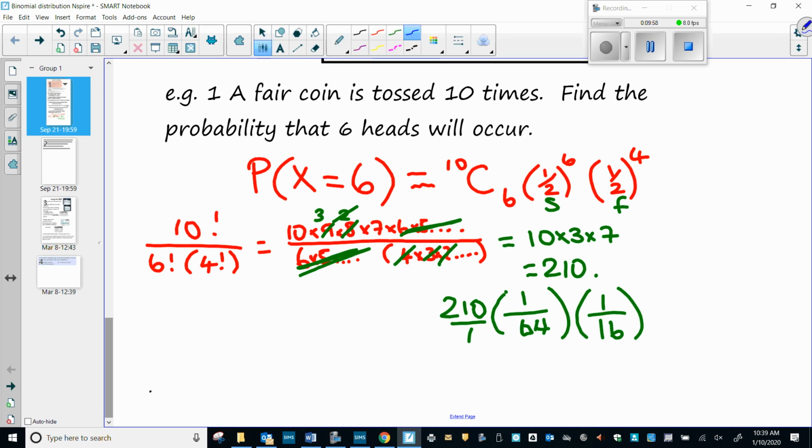Well, let's halve this, make 32, and this can be 105. How about that? Is that a good start? I don't know if anything else goes into it. 2 doesn't, it's odd. 105. 3 goes into 32? No.